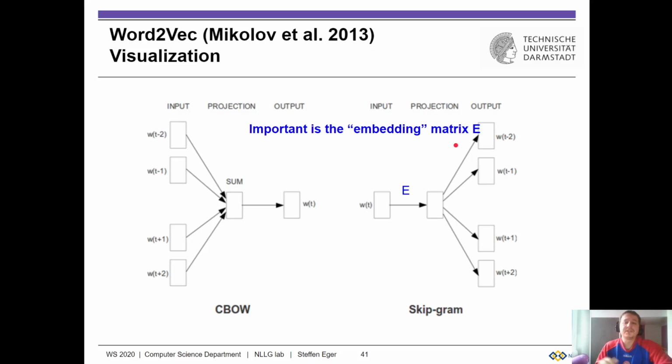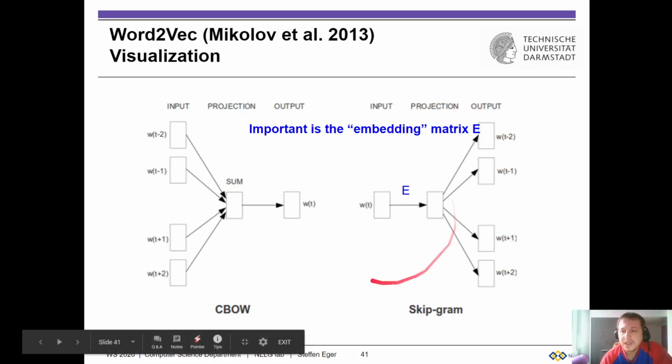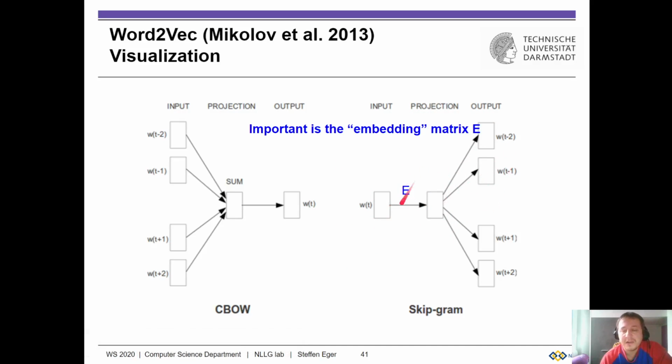And the cool thing is, you know that the layers in a neural network are connected by a matrix, and we call this matrix E. This is our embedding matrix that connects the inputs with the first hidden layer. Now the whole thing about this model is, after we have trained our neural network to solve this task, we forget about this task.